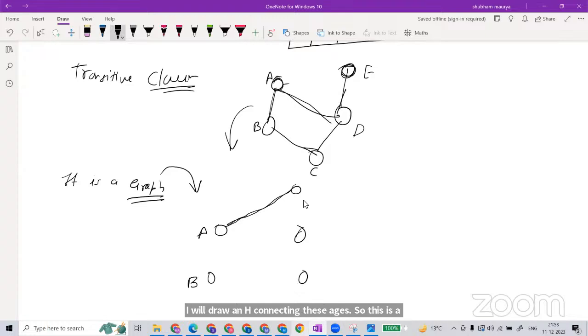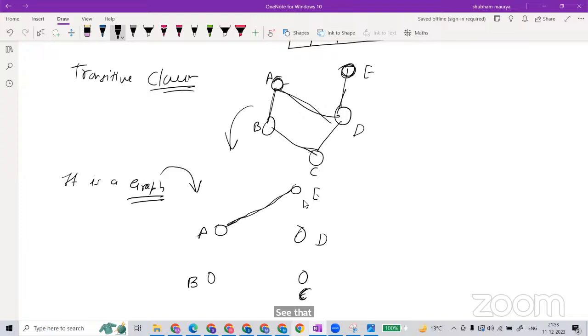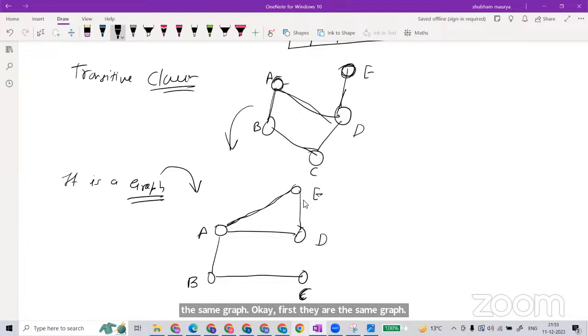This is A, B, C, D, and E. If there is a path between two vertices, then I will connect those vertices. First, let's draw the same graph. Now I have seen that between A and E there is a path, so I connected them here.